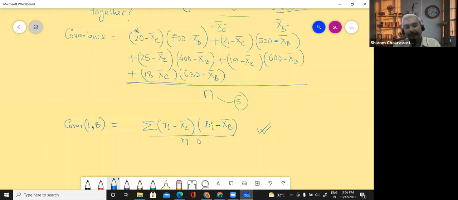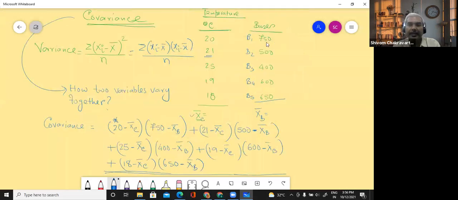Now, as you can see, the units of these two are very different. Even the magnitude can be very different. This is in 20s, 30s, this is in hundreds. In other cases, the difference in these units could be even larger. One could be in tens, one could be in 10,000s.